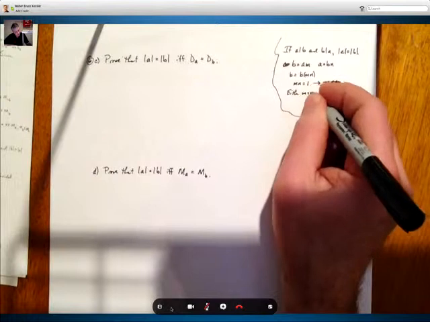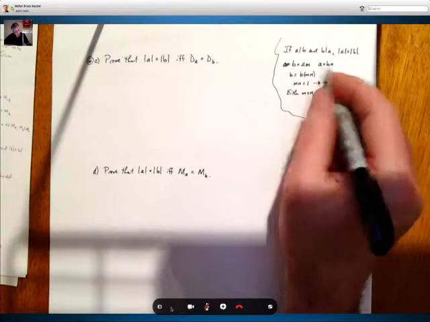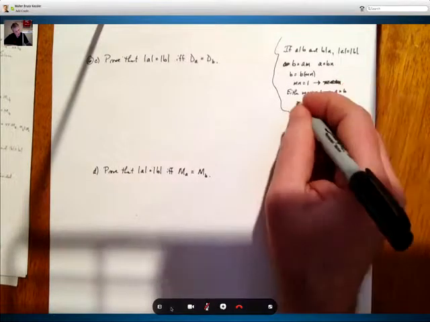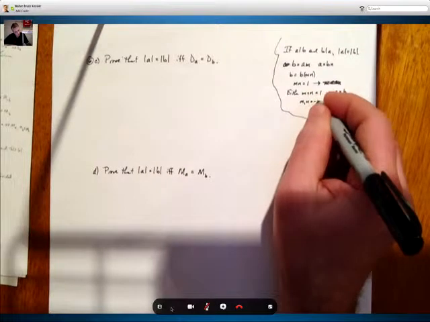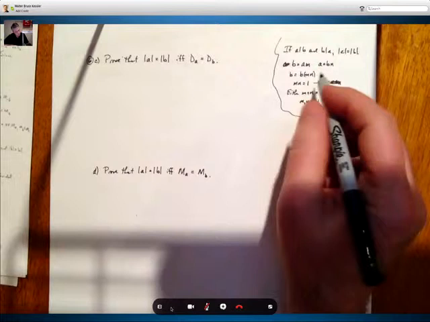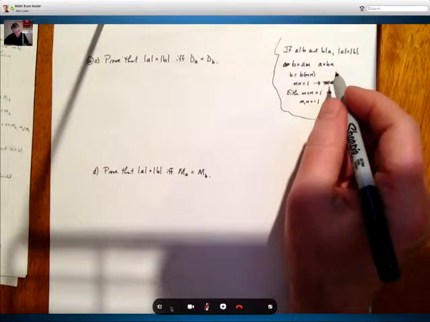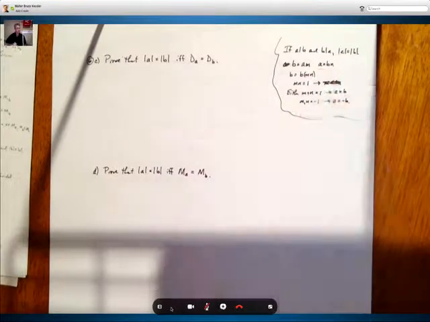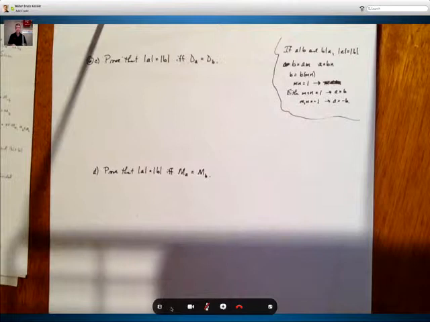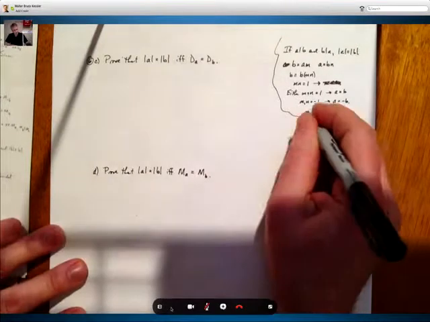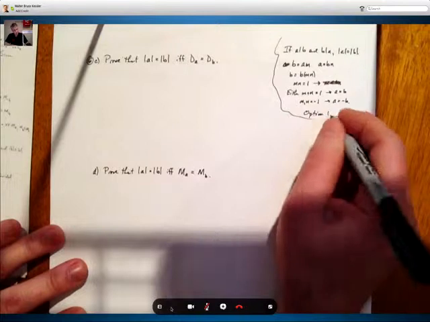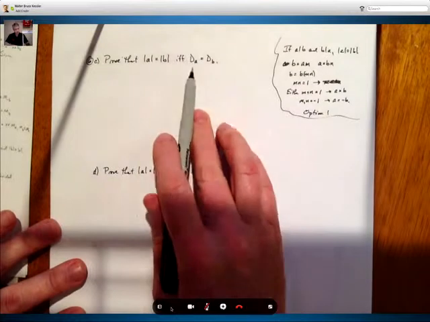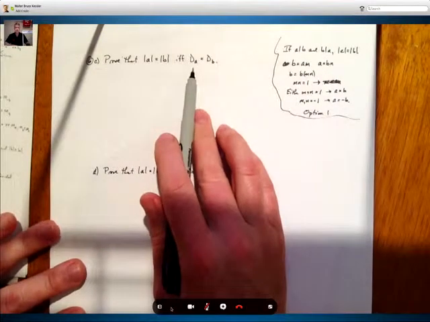Either M and N are both 1, in which case A and B are equal, or M and N are both -1, which means they're the opposites, right? So that was the proof given in the book. This is kind of like option 1. You could certainly do this. Option 2 is the way I'm going to show it to you, and that is to actually show that D of N is equal to D of negative N.